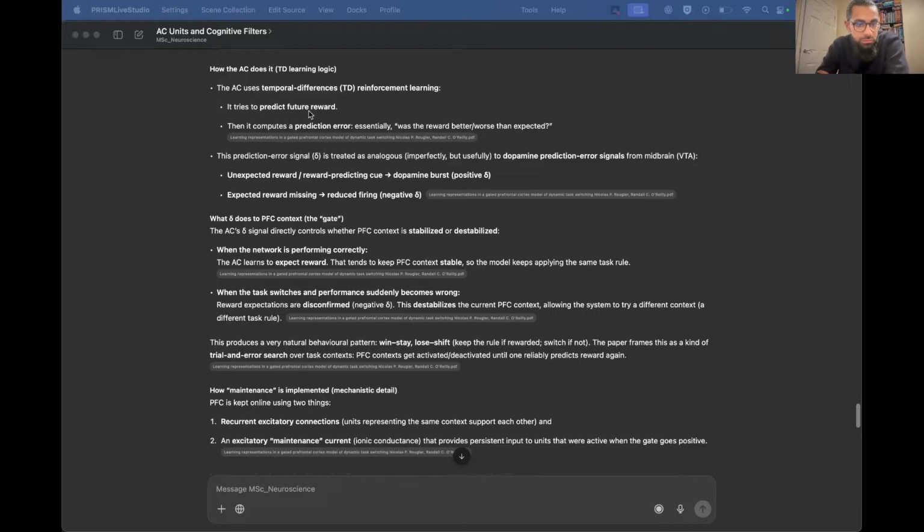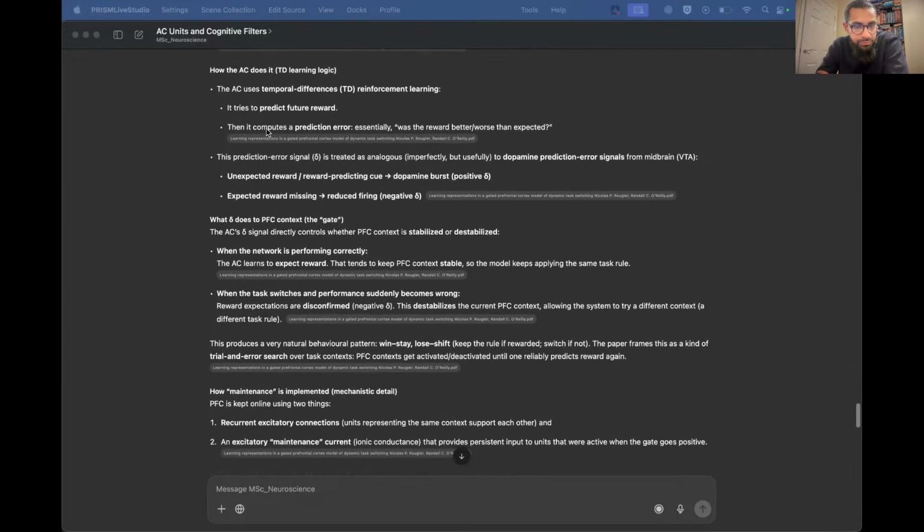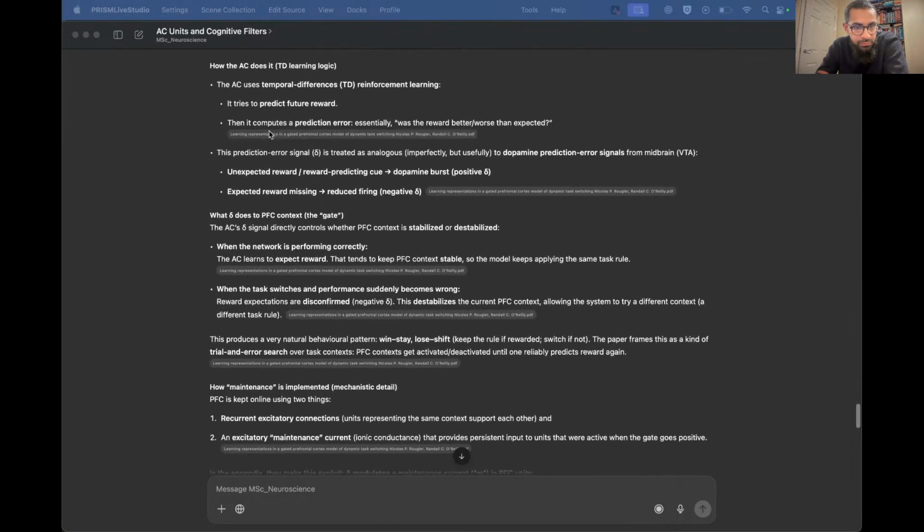Right. So the AC unit uses TD reinforcement learning.